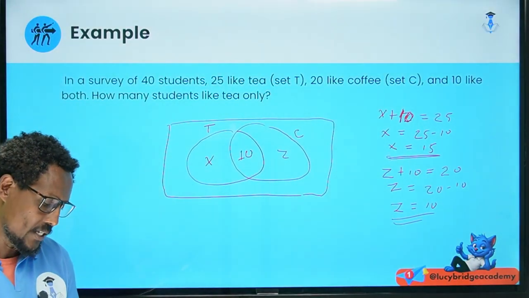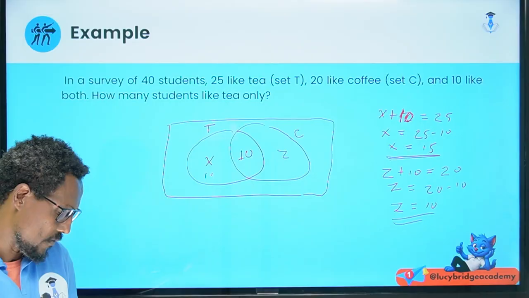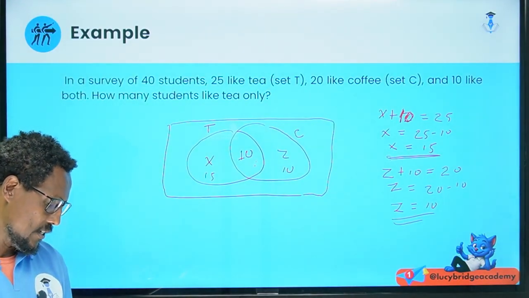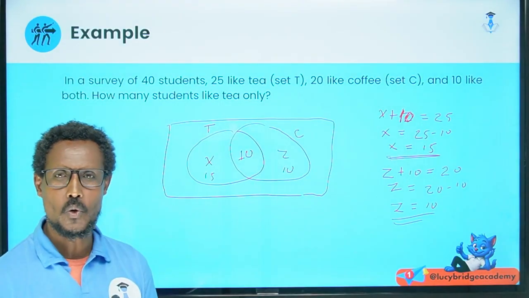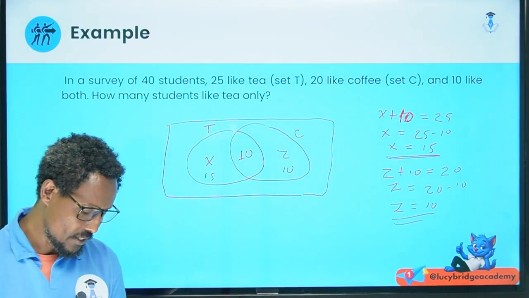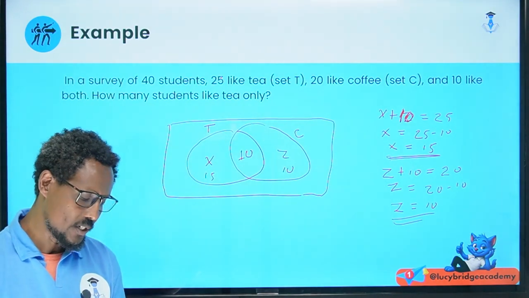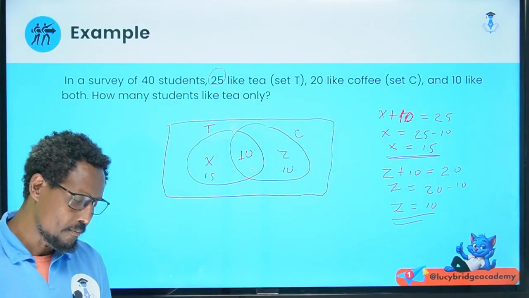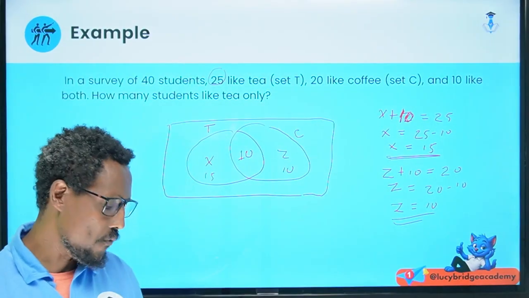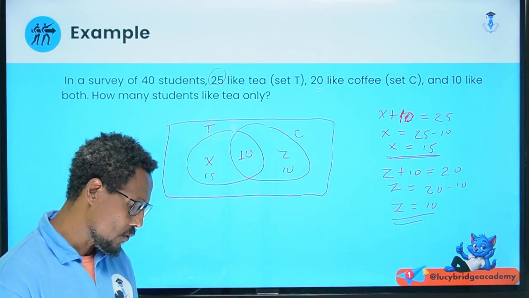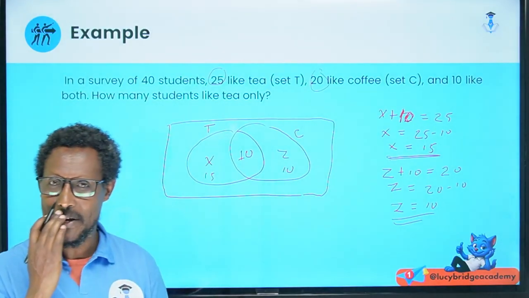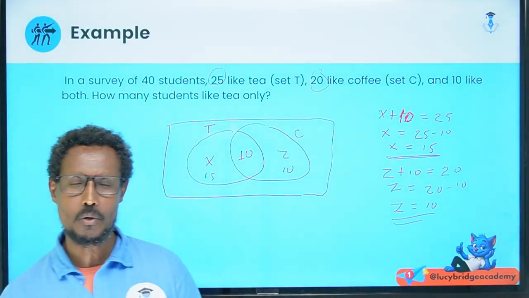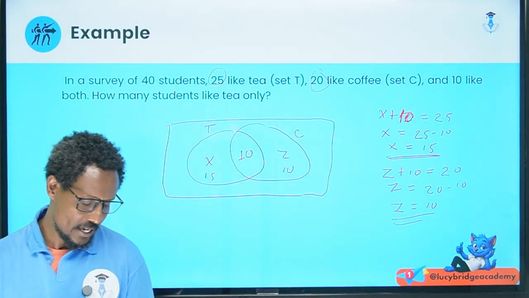That means, look, now X is 15 and Z is 10. That means in circle T, those students who like tea, that means 15 plus 10, 25 students like tea. And circle C means those students who like coffee, 10 plus 10, which is 20 students like coffee. But those students who like both coffee and tea is 10.